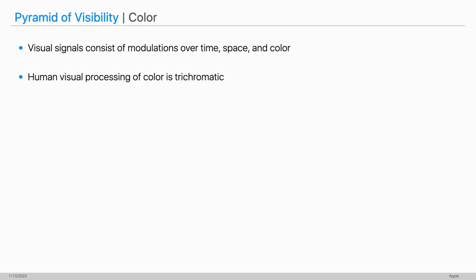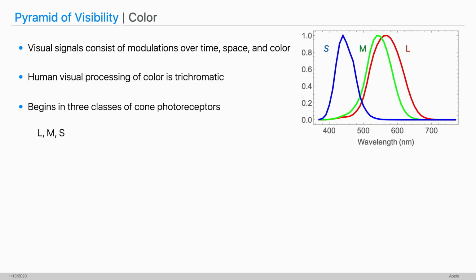Well, first of all, we have to go back and think about the fundamentals of what we know about early visual processing of color. And as it says here, visual signals consist of modulations over space, time, and color. And human vision is trichromatic, and it begins in the three classes of photoreceptors, which we'll call long, medium, and short.